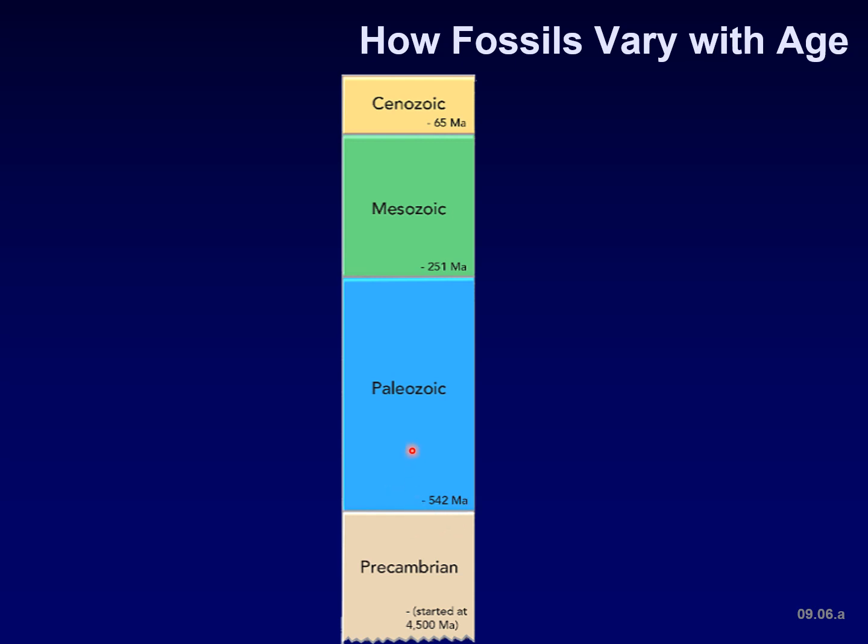Then from 542 to 250, we've got the Paleozoic. Then from 250 million years ago to about 65 million years ago, we have the Mesozoic. And then from 65 million years ago to the present, we have the Cenozoic.